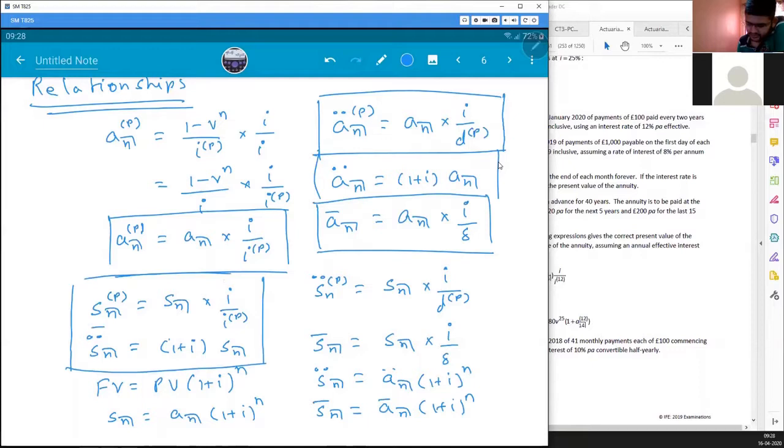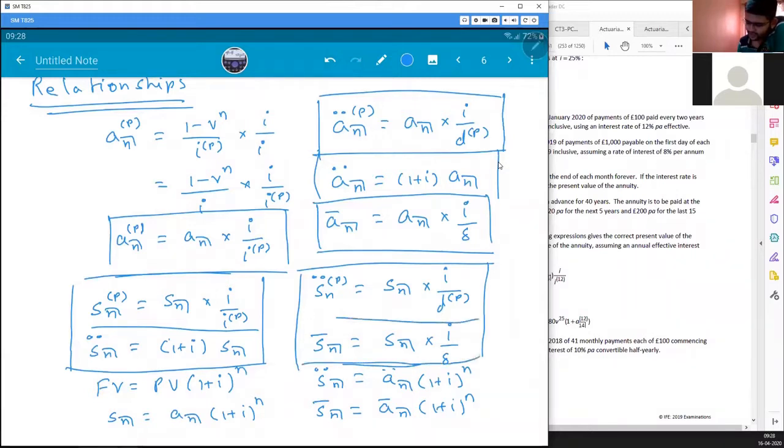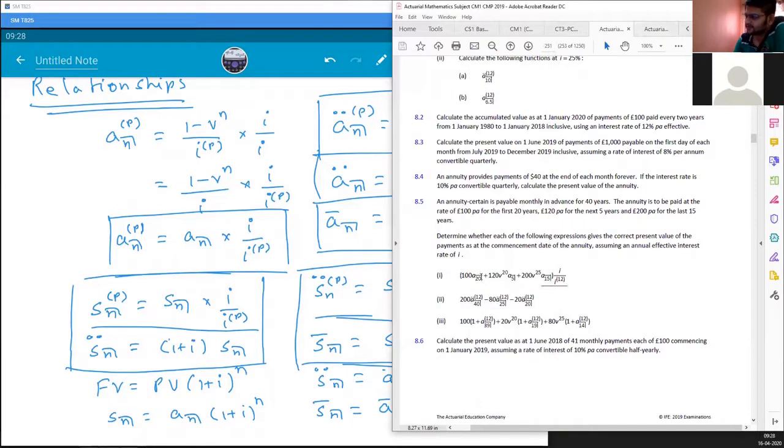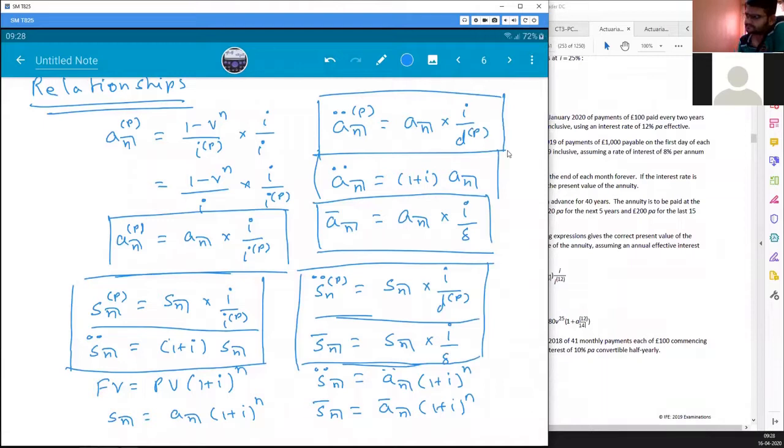So you will have to treat them as formulas as well. These are also very much important, especially in questions where we need to recognize the formulas and stuff, like here in 8.5 we had to. So these become important then.